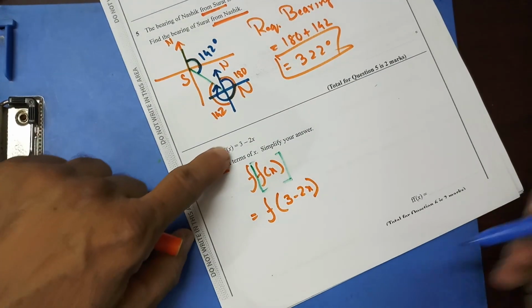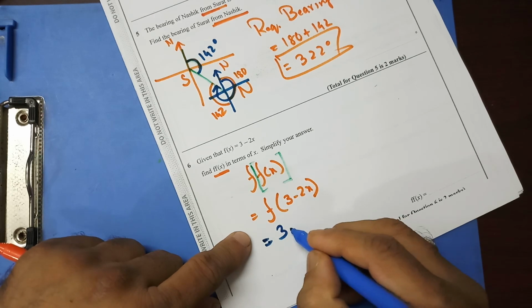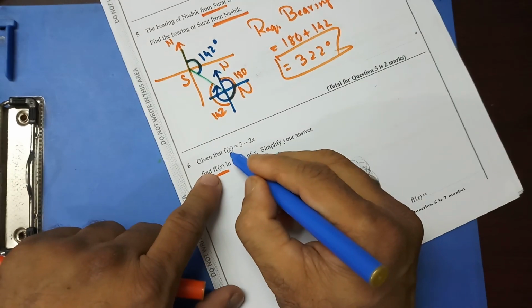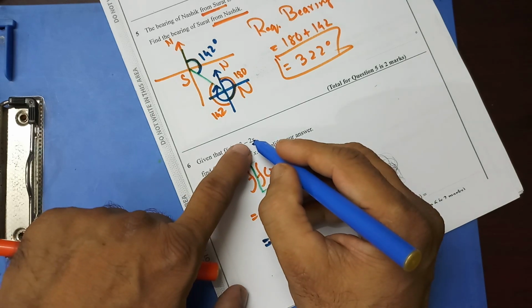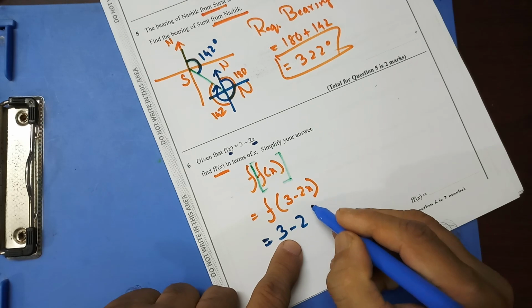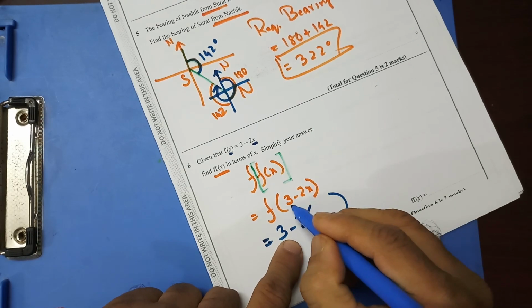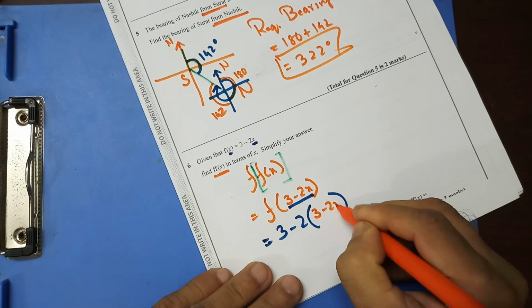Now look at this function, it says 3 minus 2 times whatever is inside the bracket, so it comes over here, multiplies with 2, and this result is subtracted from 3. So 3 minus 2, and this whole thing goes here, and that is 3 minus 2x.